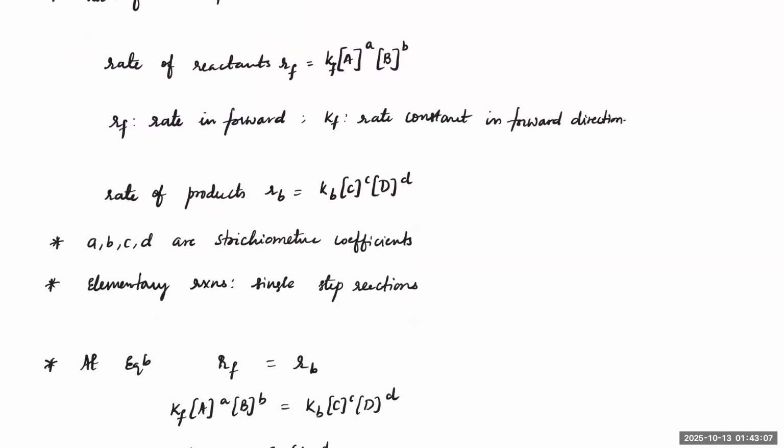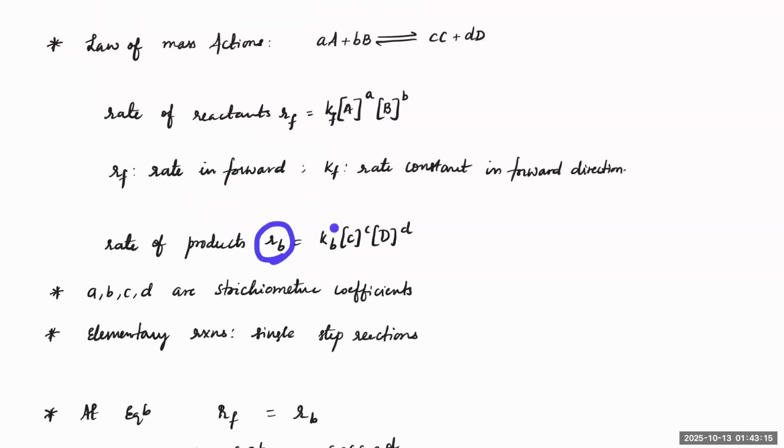Now, the same way I can write it for the backward direction also. Rate of products is equal to k backward into [C] raised to the power of c into [D] raised to the power of d. Now you know that a, b, c, d are stoichiometric coefficients.